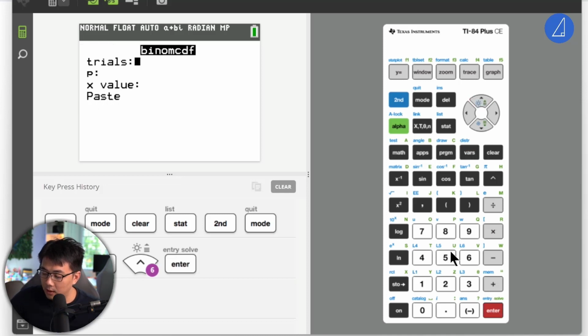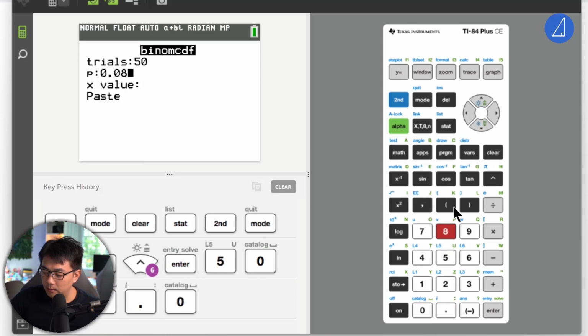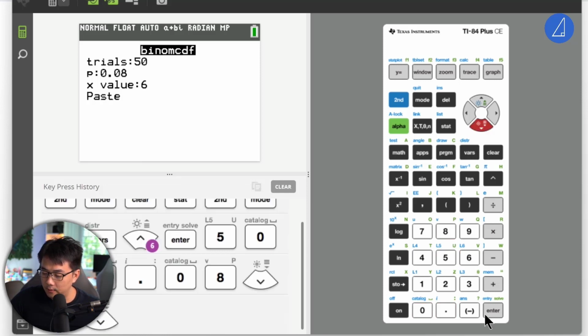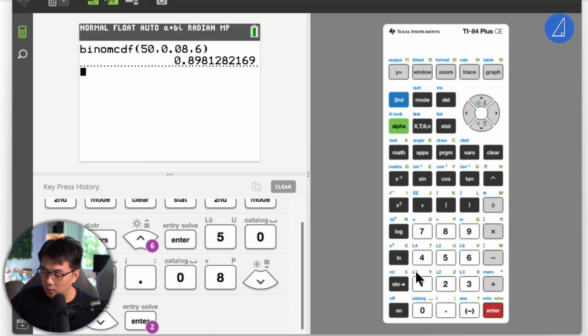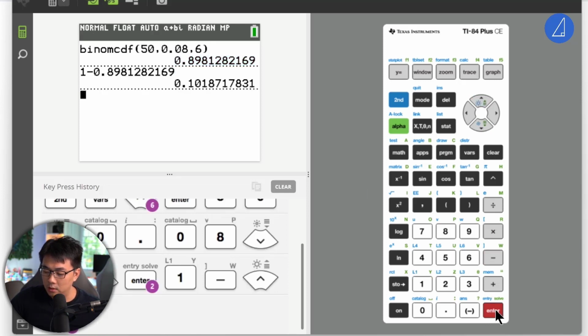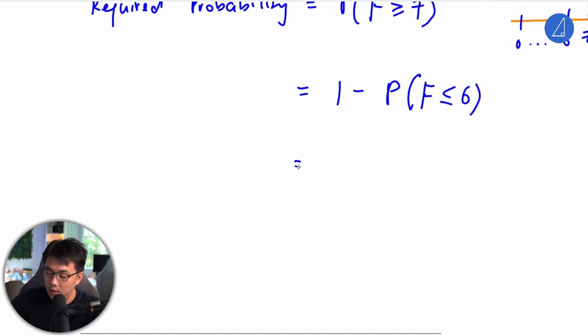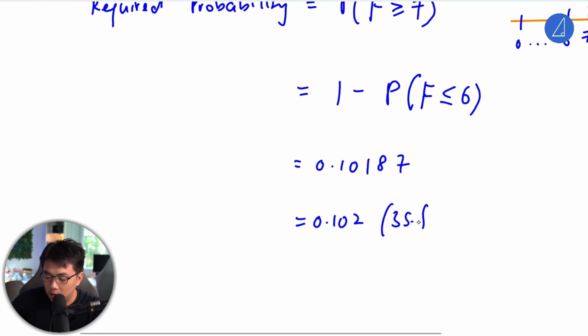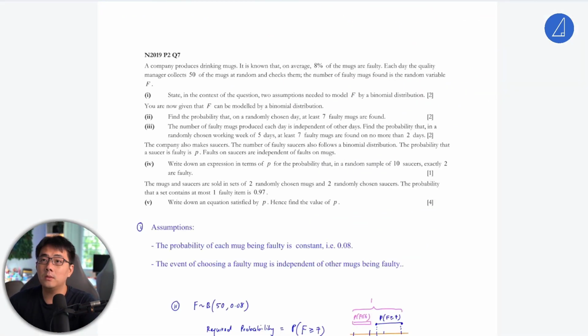We have 50, then we have 0.08, 6 trials, CDF. Just key this in. So 1 minus this over here, we'll get 0.10187, 0.102 to 3 SF.